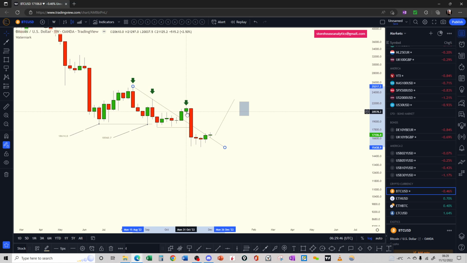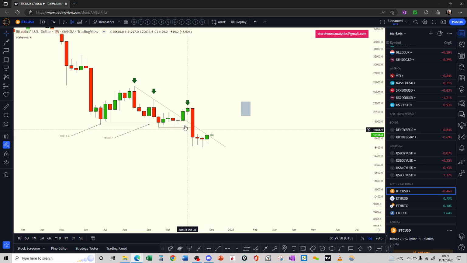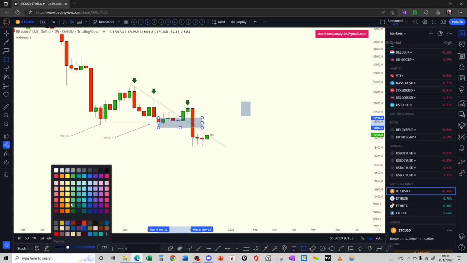That momentum has ended. Now, something supply and demand traders will say as well, and it's valid to a degree, but again, there are so many other filters you have to apply, is when you break an end momentum with this candle, that there is a demand zone that is created, which would be here. Let me make that yellow.